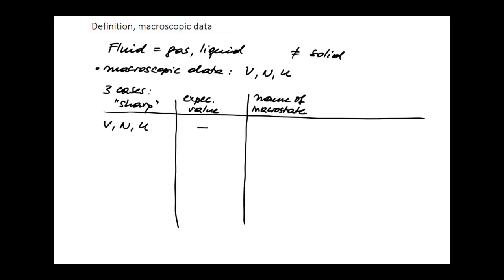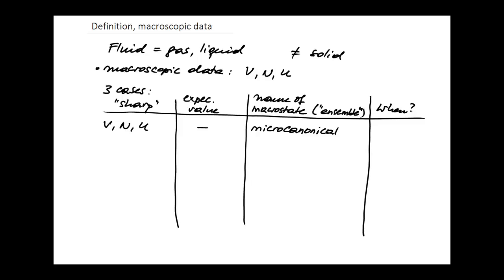In that case, the macrostate that you construct is called microcanonical. One sometimes speaks also of an ensemble rather than a macrostate. So this is the microcanonical case. When is this relevant?